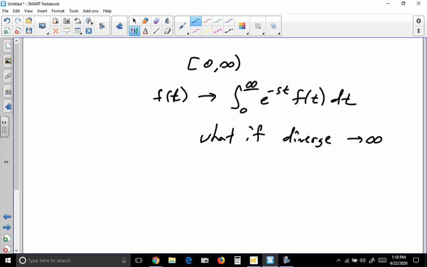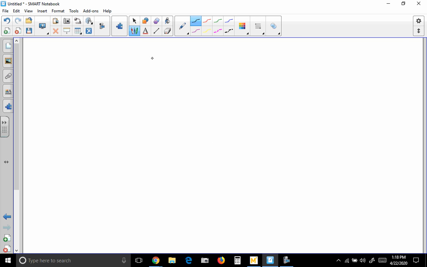So they define what's referred to as exponential order, and they call it exponential order alpha.